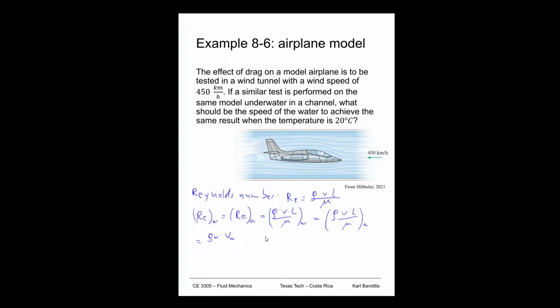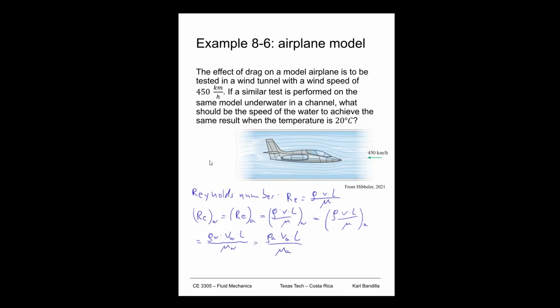For the characteristic length scale, we're using the same model both in water and in air, so we can just leave that as L. The viscosity also depends on whether it's water or air. And the same over here: density of air times the velocity in air times L divided by mu air. So now we have our equation.